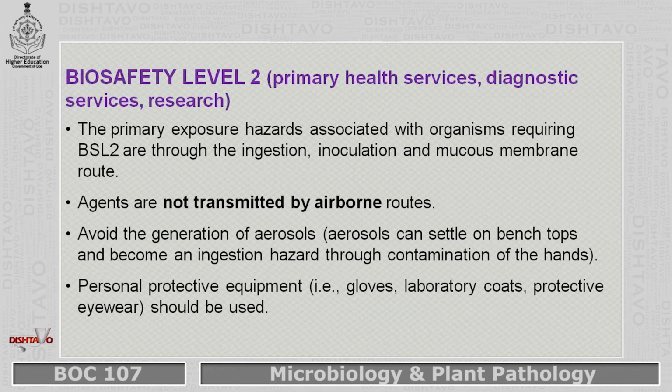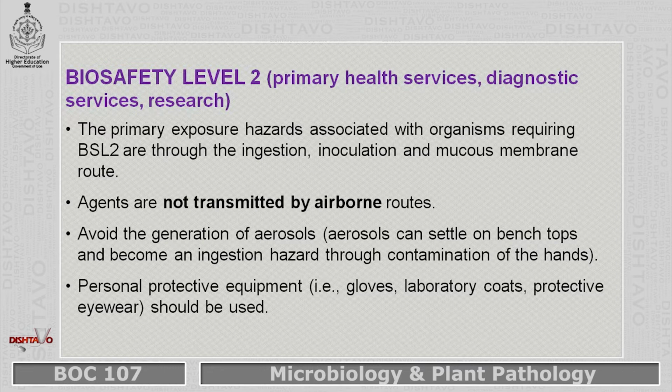The primary exposure hazards associated with organisms requiring biosafety level 2 are through ingestion, inoculation and the mucous membrane route. So from all these routes the microorganism can enter a human body. Agents are not transmitted by airborne routes. We have to avoid the generation of aerosols. Aerosols are liquid or solid substances suspended in the air.